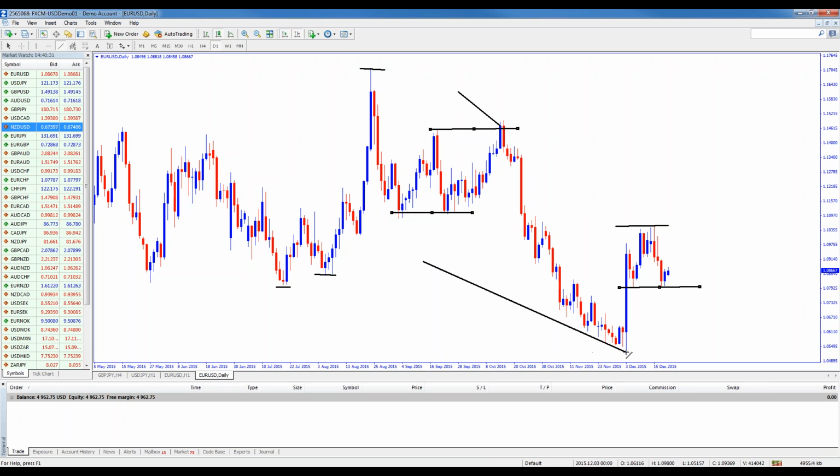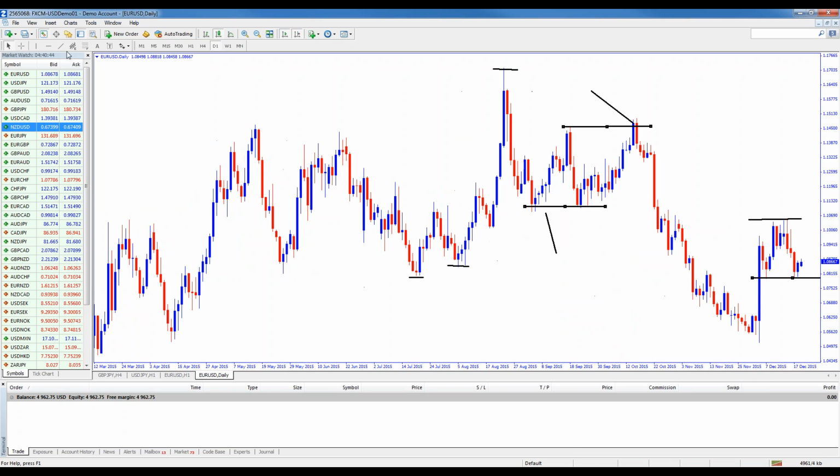Loosely, you could say this is support and that is resistance, but technically, with proper analysis, two data points make up support and resistance. Okay, two, not one.